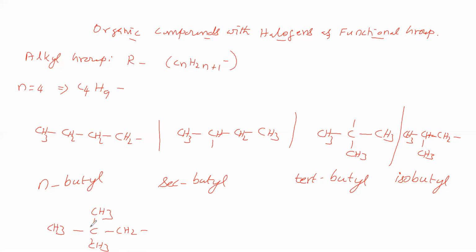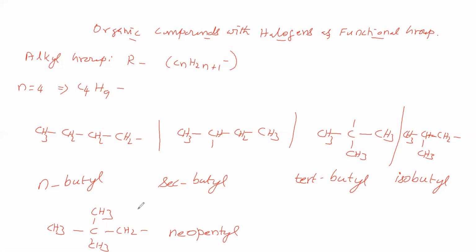If the quaternary carbon is there and the terminal carbon is unsaturated, then we can say neo. 5 carbon atoms are present, therefore pentyl. So this is neopentyl.